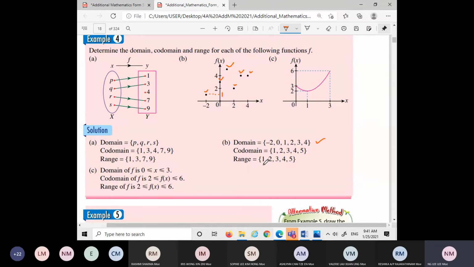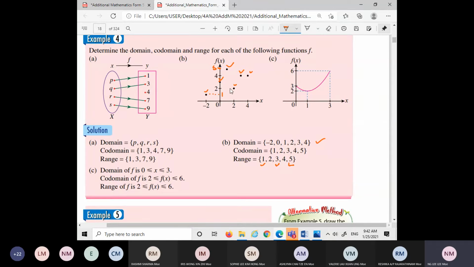So the range, the first one is 1. Then we look at the second point. When x is 0, the fx is 3. Therefore, I have 3. Then this point, this is 4, and after 4, this is 5. Therefore, you have 5 here.